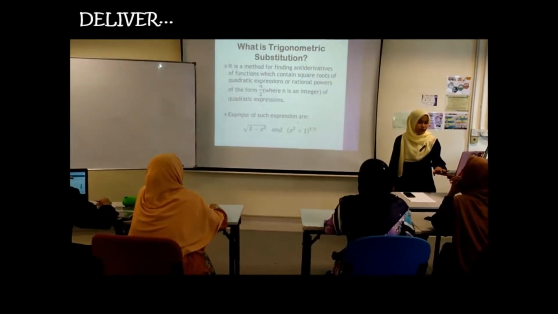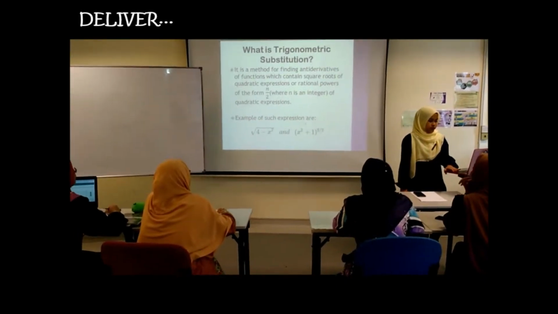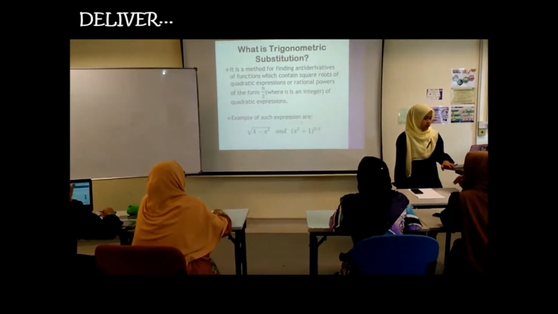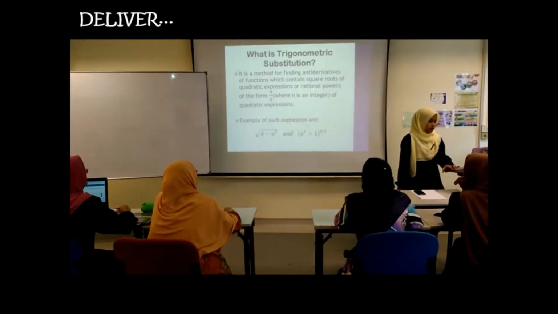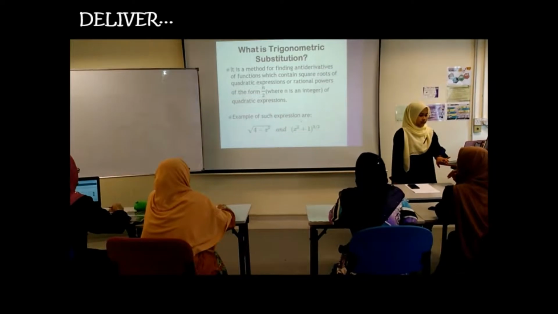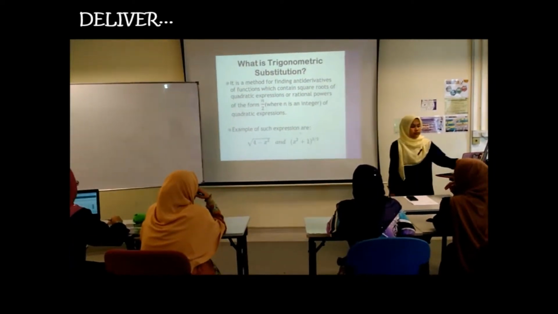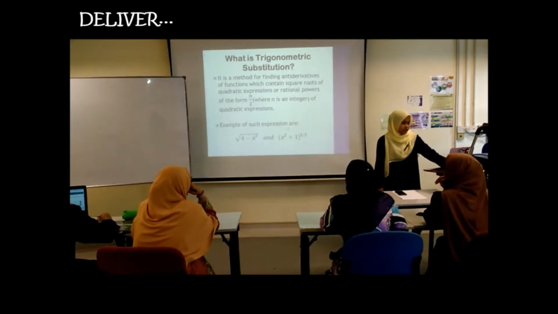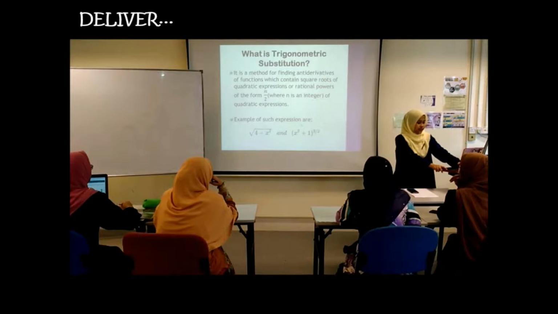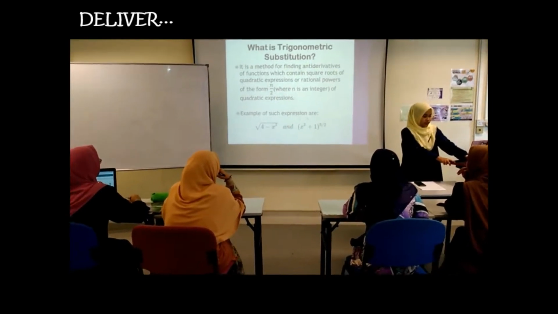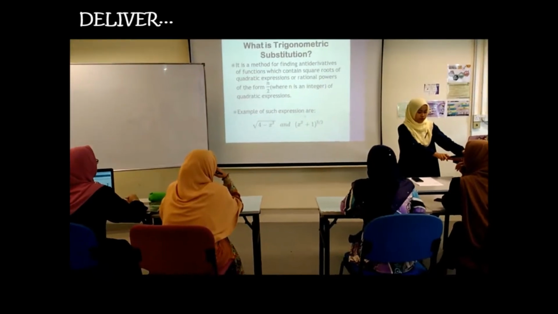It is a method for finding antiderivative of function which contain square roots of quadratic expression or rational powers of the form n over 2, where n is an integer, of quadratic expression. Examples of such expression are square root of 4 minus x squared and x squared plus 1 all power of 3 over 2.